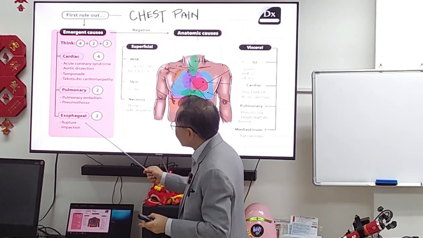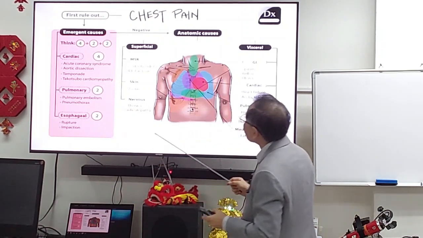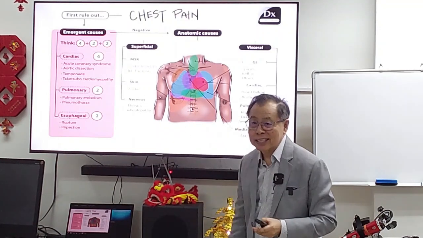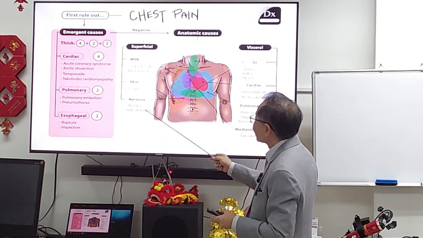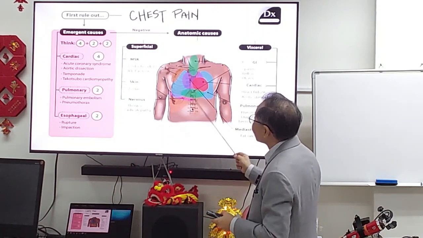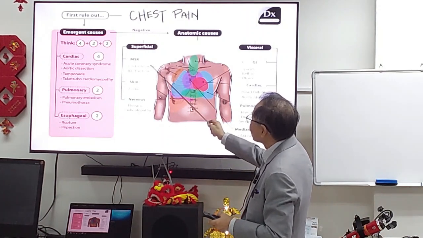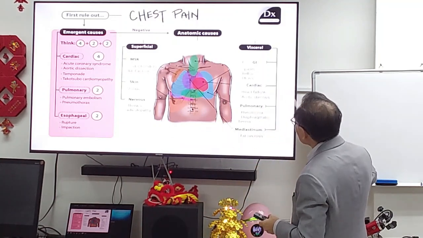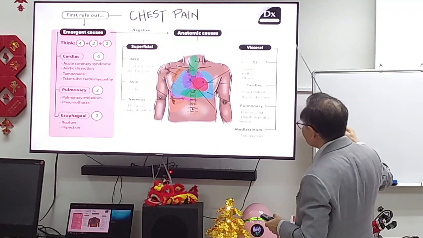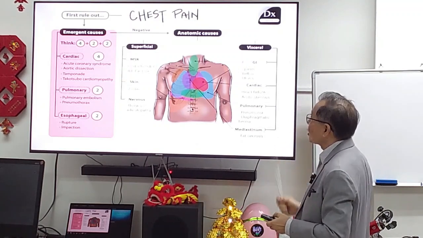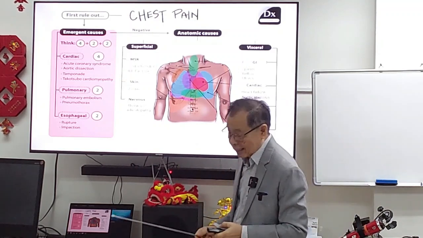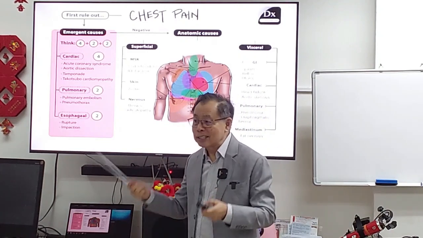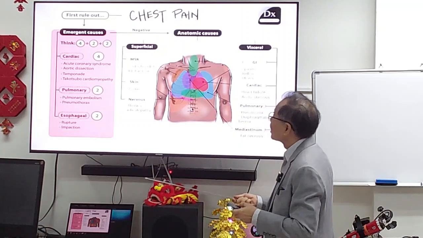And in the lungs and in the esophagus. All these are superficial. Herpes zoster is quite obvious, I think all of you know. Thoracic nerve. This one I will discuss. Fracture, of course, you know straight away, you can see. Then some of these I will discuss. Okay, so these are all the causes that can give rise to chest pain. So chest pain is not necessarily due to the heart all the time. Remember that.